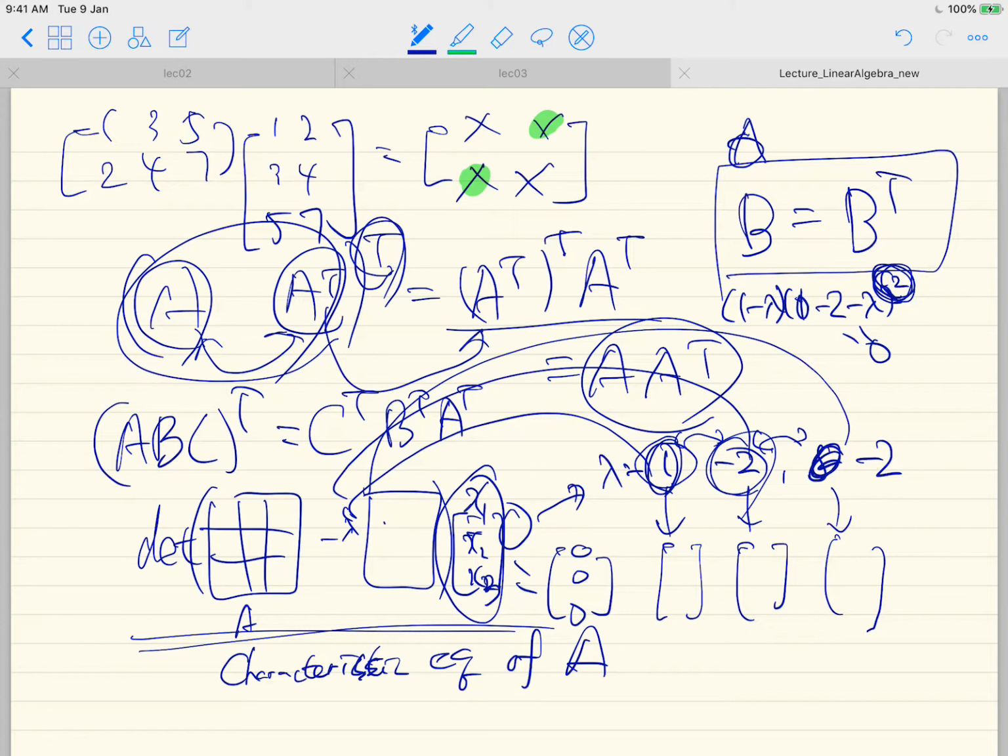But in case the algebraic multiplicity is 2 or more, there is a possibility that it gives us only one, or strictly fewer, linearly independent eigenvectors than its algebraic multiplicity.